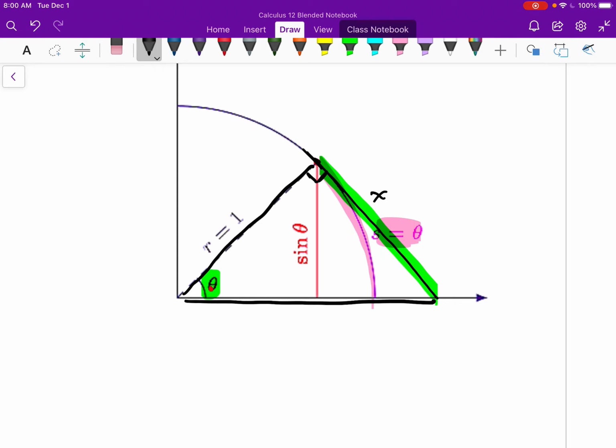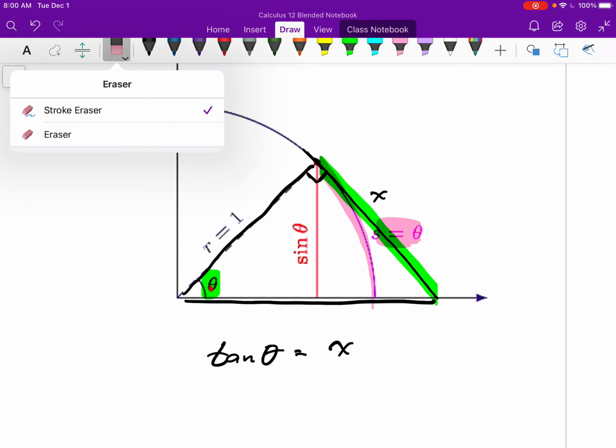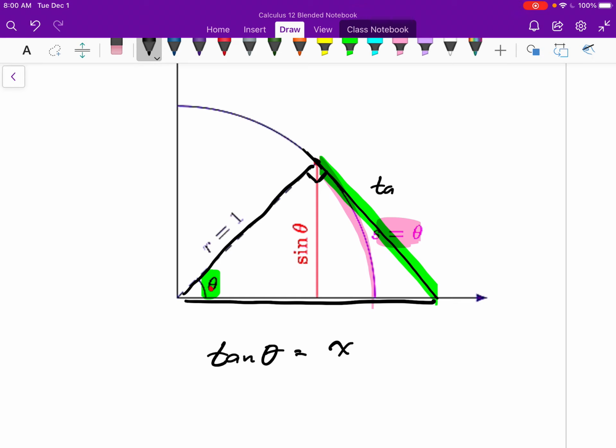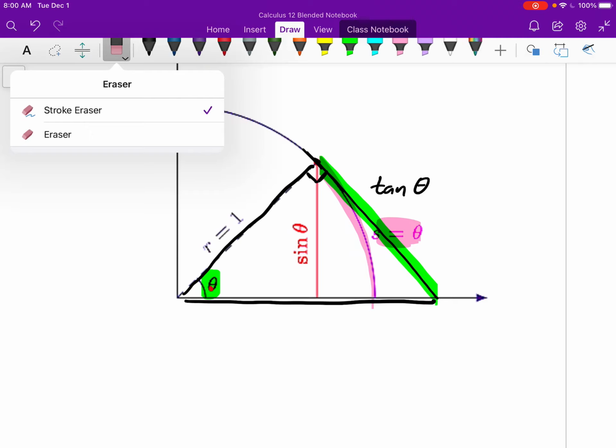So from theta, the tangent of theta is going to equal opposite over adjacent, in this case x over 1. Well, the divided by 1 is not necessary, so I can now see that the tangent of theta must be the same as that line x. So I'm just going to call this, instead of x, the tangent of theta. And really, this is why we call the tangent function a tangent, because a tangent line is a line that meets a curve at some point and perfectly matches the slope at that one point, like we have in this.